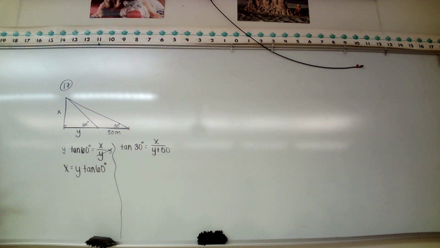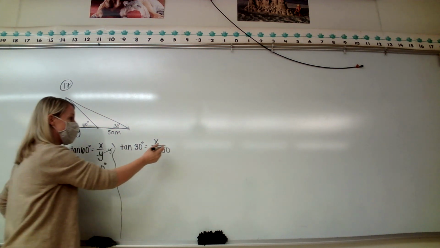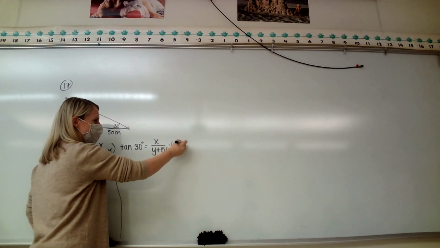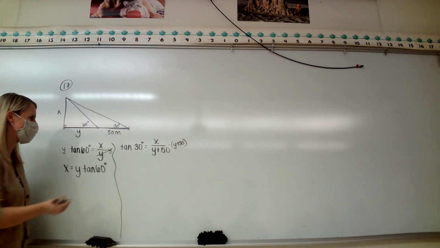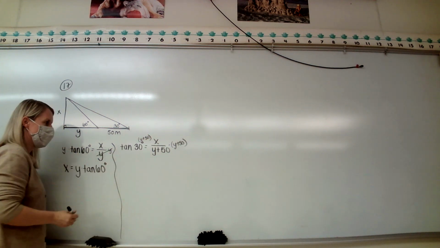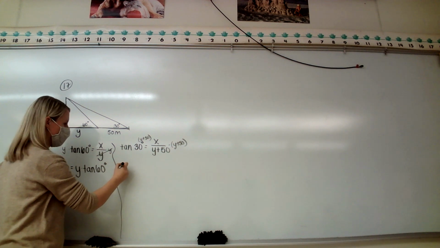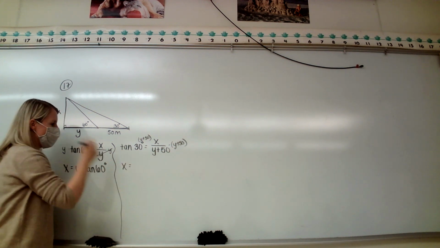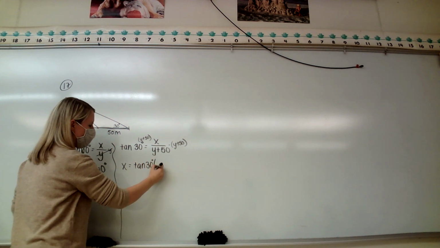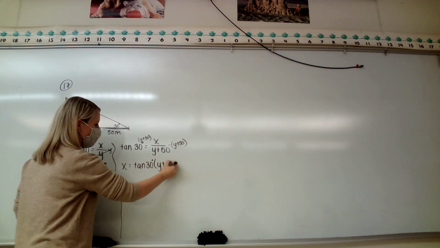I'm going to do the same thing over there. I'm going to get x by itself. I'm going to multiply by what's in the denominator, just like I did here. So I'm going to multiply by y plus 50. Always put it in parentheses, because it's a binomial. So I'm going to rewrite that as x equals tangent 30 times parentheses y plus 50.